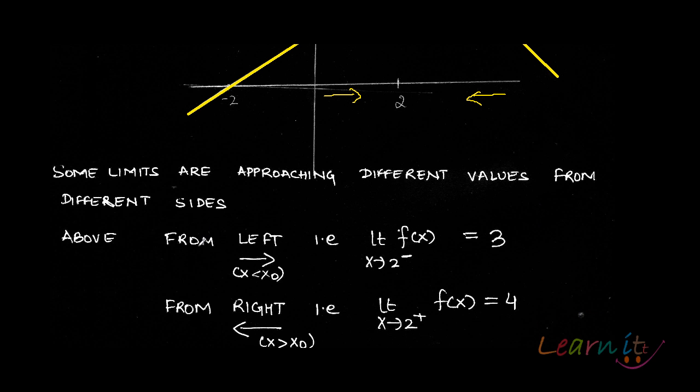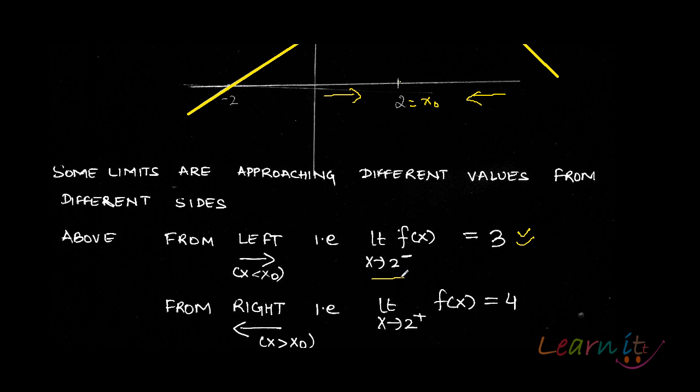So what is happening from the left, where x is less than x naught? x naught is say 2, and x is coming from this direction. Then the value is 3.